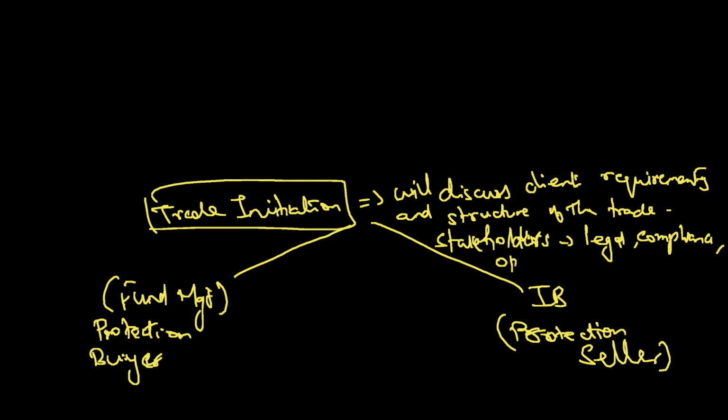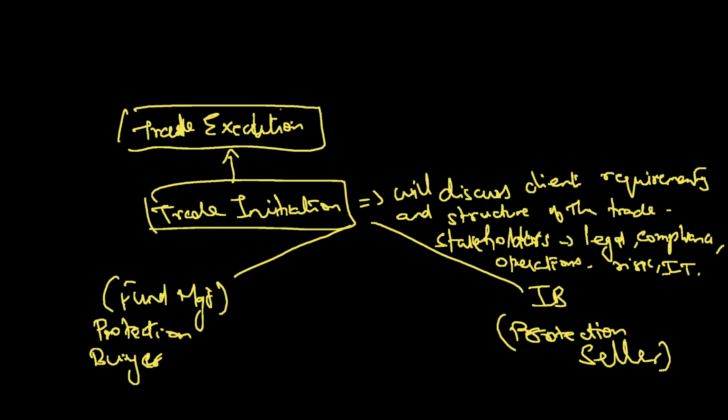Then the operations team, whether they can execute the deal properly. Then the risk team, and IT, whether the technology supports it. All these teams will come together and negotiate. Once they negotiate and agree, it goes to the next stage called trade execution, where the actual agreement takes place to trade.